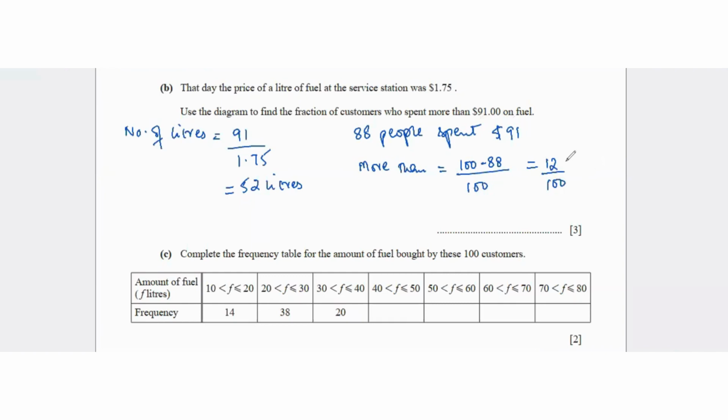That simplifies to 3 over 25. That is your answer for this.